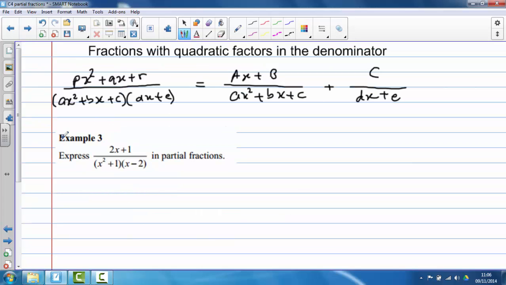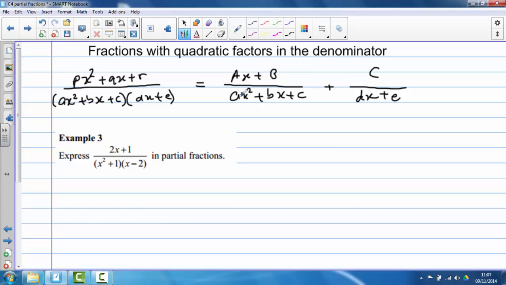Right, now let's look at a case where we've got a quadratic factor at the bottom times, say, a linear factor, and we know with the linear factor we just put a constant at the top. With the quadratic factor, because the highest power here is a 2, the numerator will be 1 power less, so it'll be ax plus b.